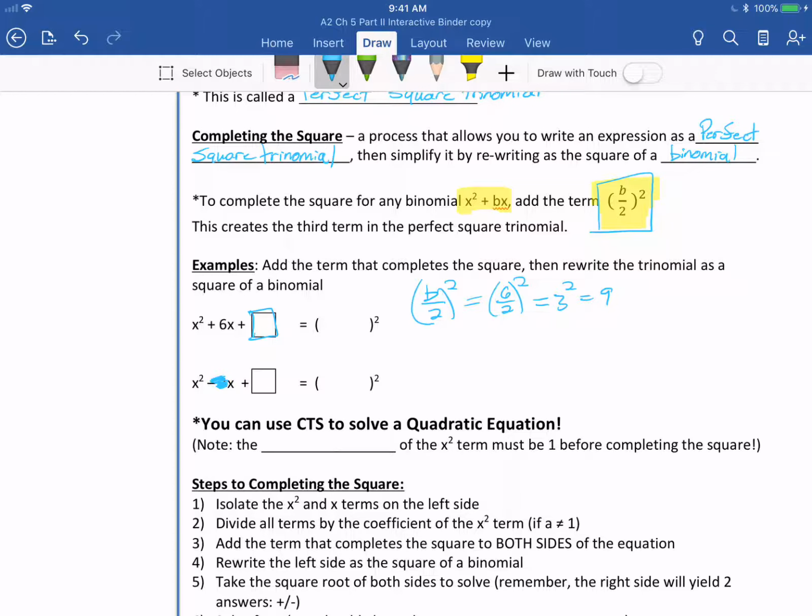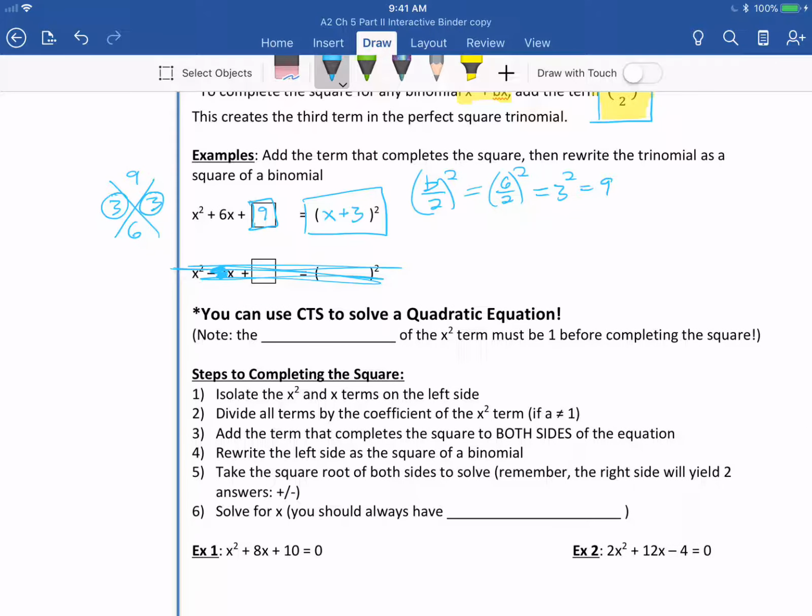So to complete the square here, I have to add 9 in that box. Now if I have 2 numbers that multiply to 9 and add to 6, that's 3 and 3. Whenever you complete the square, these 2 numbers are going to be exactly the same. So this is going to be x plus 3 squared.